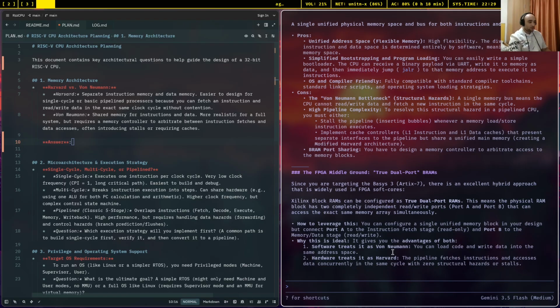I do have a question, because it is true that we have two separate ports, but they are accessing the same memory. So what happens if I have the same memory but two different ports?